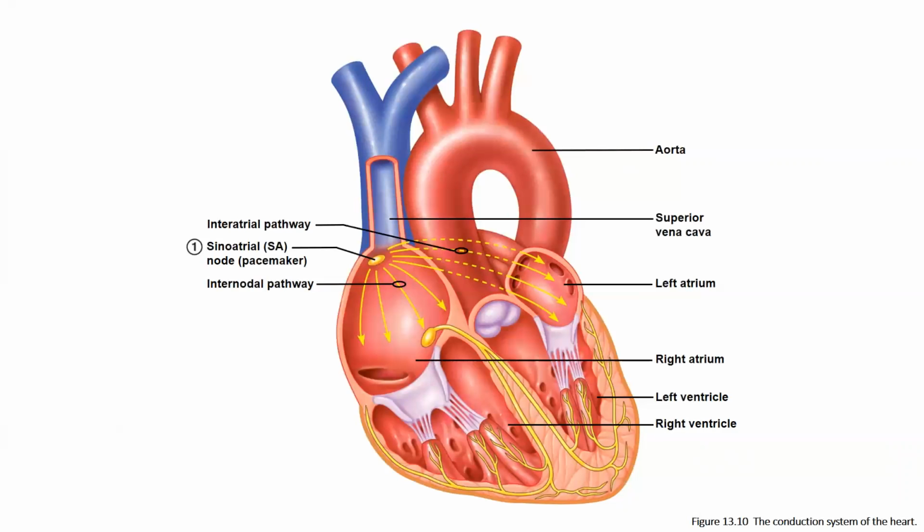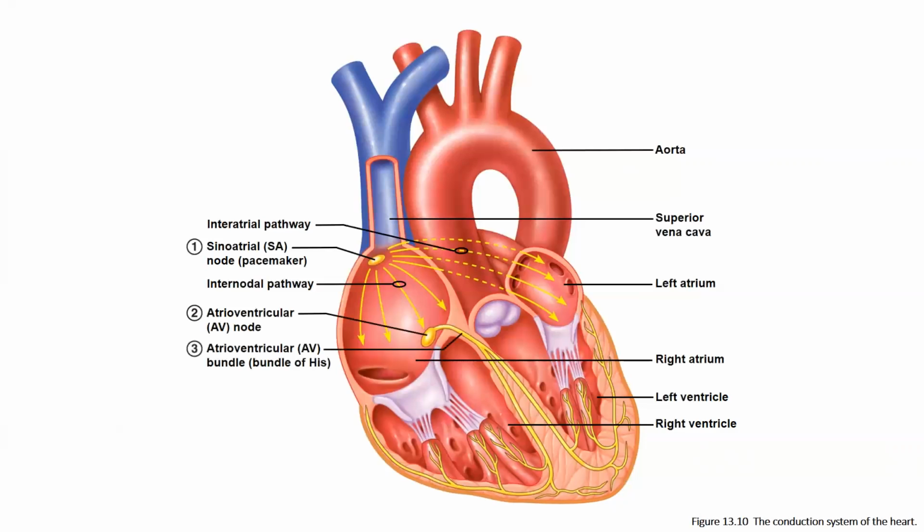Okay, now the SA node is going to fire, and it's going to not only excite the right atrium, but it's going to excite this entire chamber as well as the left atrium. That impulse spreads across both atria, and that allows them to contract.